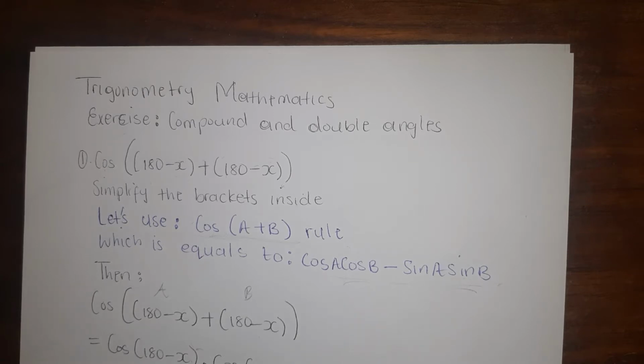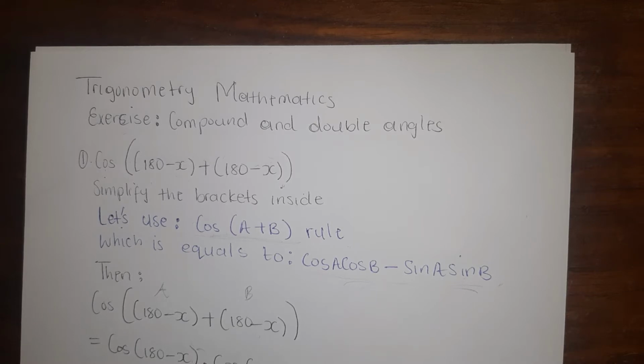Okay, in front of us we have an exercise of compound and double angles. So number one, we are asked to simplify the following: cos(180 minus x plus 180 minus x).